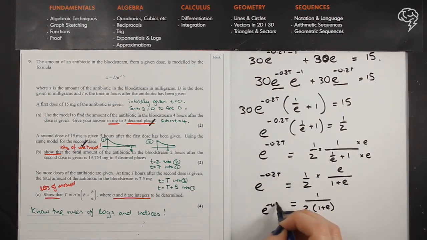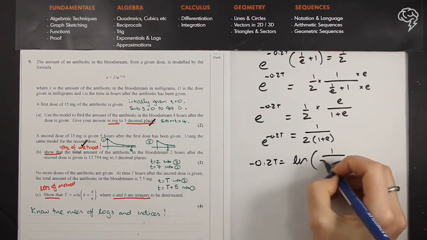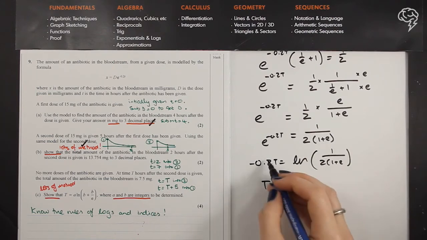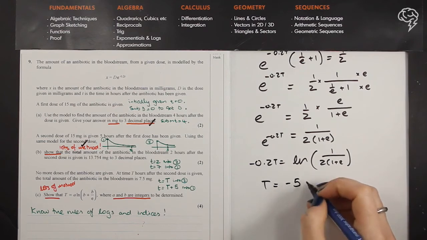Almost there. Just going to take ln of both sides and divide that over to get t. What's that? That's a fifth, so this would be 1 over 5.